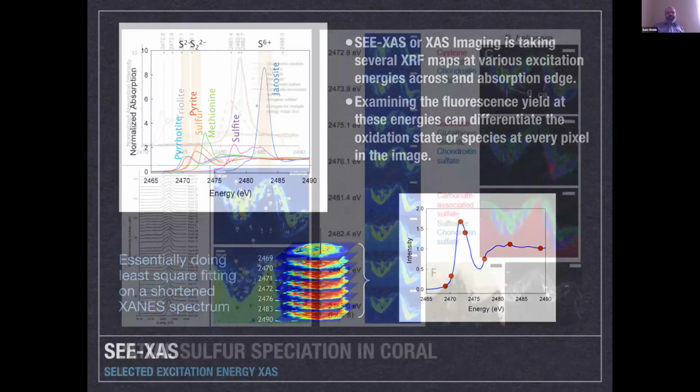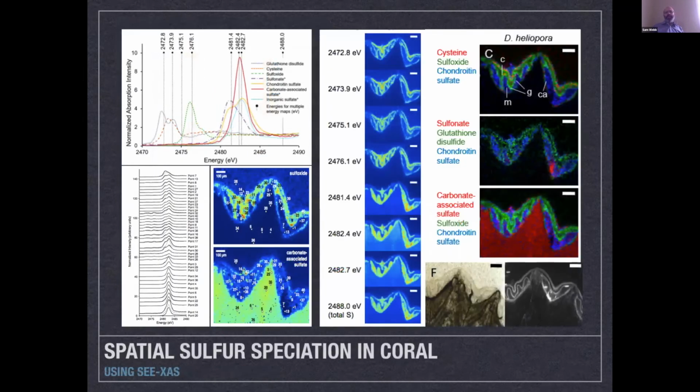So as an example, this shows a slide of some work that was done to look at the different forms of sulfur speciation in corals. And you can take a wide variety of different energies through that absorption edge. You can see here are model compounds and the energies that were selected. And most of these energies were selected to try to differentiate contrast between the different sulfate and oxidized species and the different organic and reduced species.